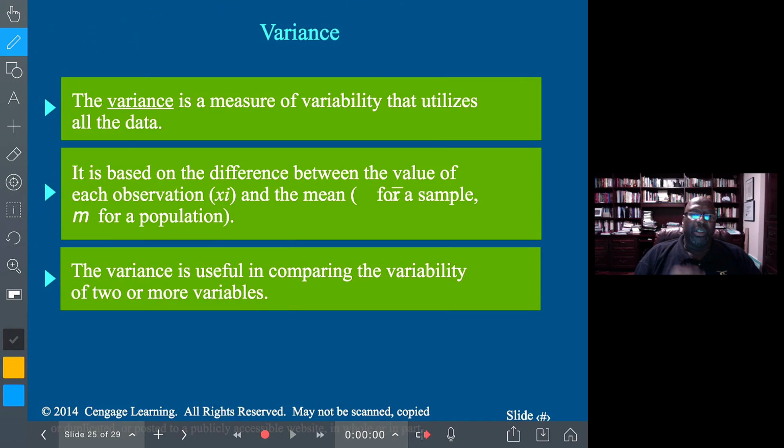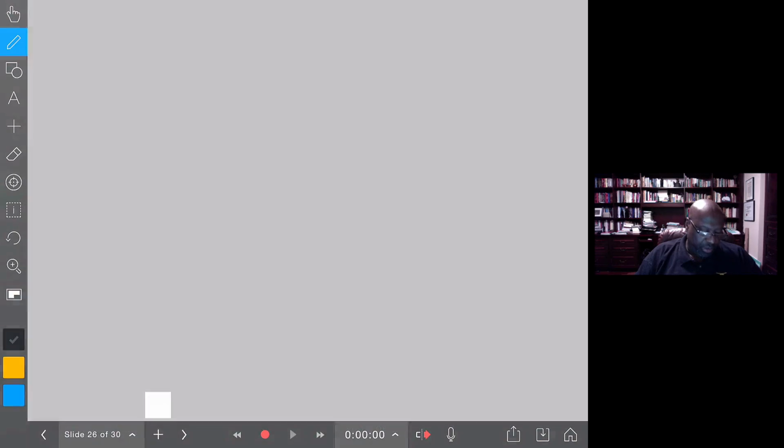Now, as we noted, the range and interquartile range do not actually use all the values. Wouldn't it be nice if we had a measure of variability that used all the values? Let me show you this on a graph.